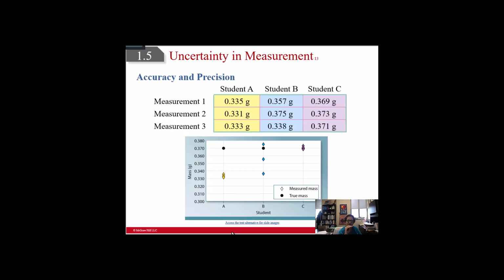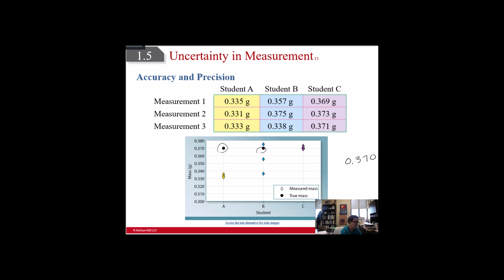How we use this is typically in looking at data. If we're looking at the true mass, and the true mass is given to you here, 0.370 is the true mass.